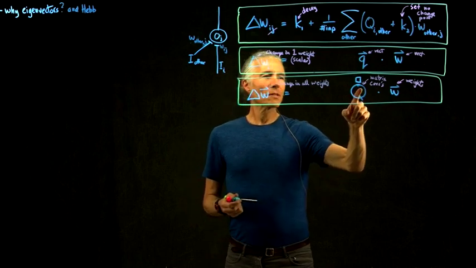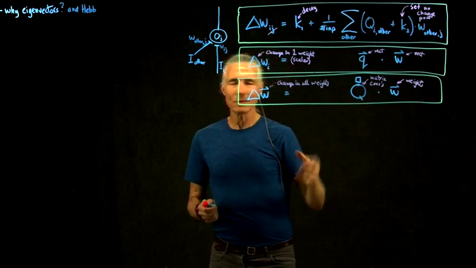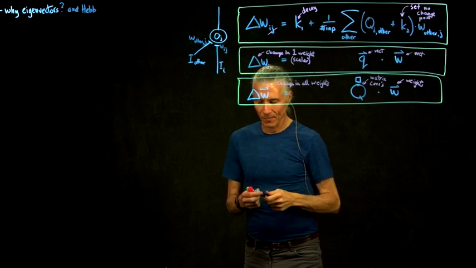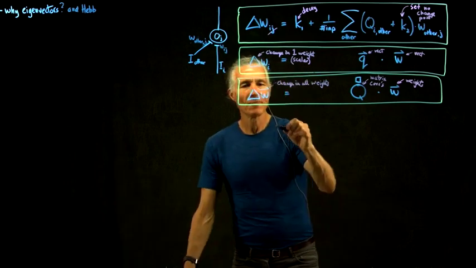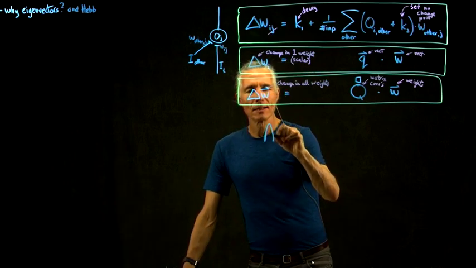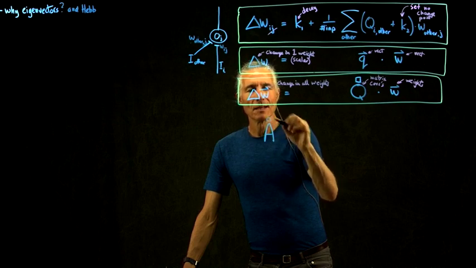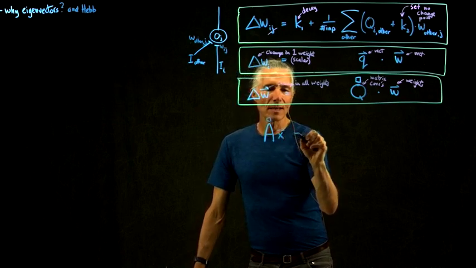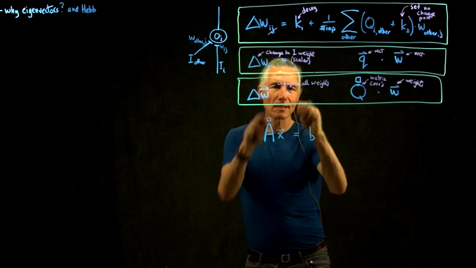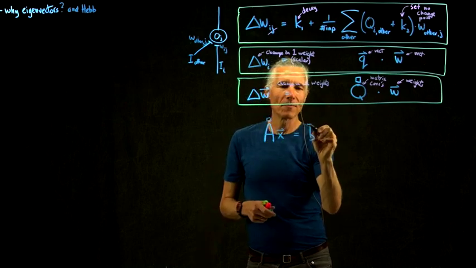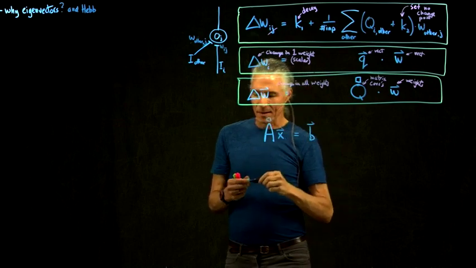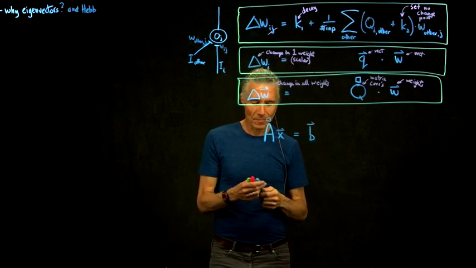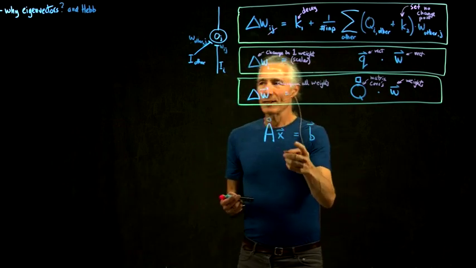So what does a matrix do to a vector? It doesn't do very much. If we take a matrix A and multiply it by vector x, and we get another vector, that's just the same thing except swapped around. What can a matrix do to a vector?